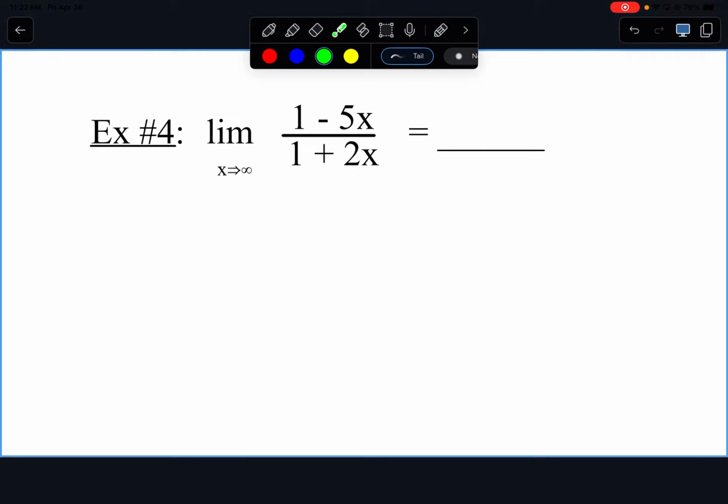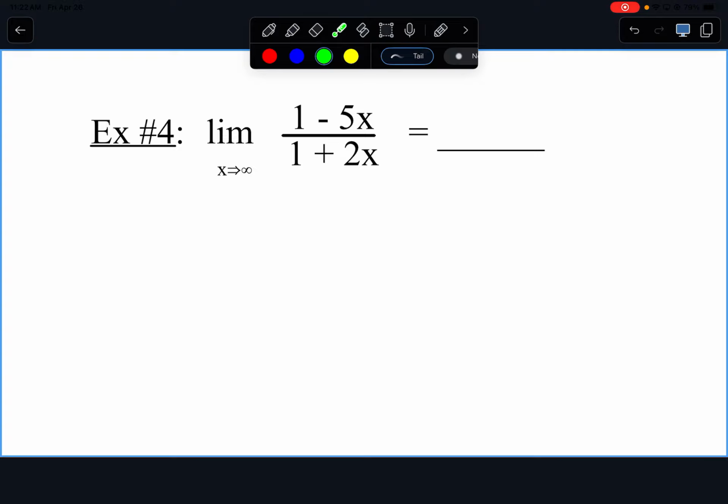It's not 1. I'll give you two hints. You can either think of it as going to infinity, which in this one's a little bit more difficult, or think about the horizontal asymptote, because the answer is the same either way. What is it? Not negative 1/2, negative.